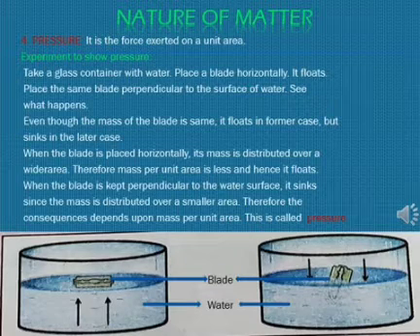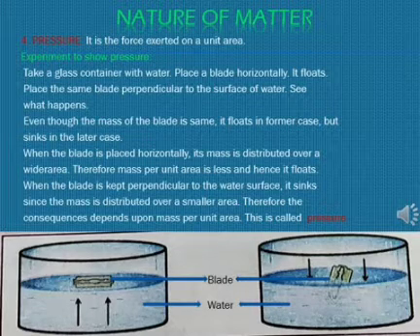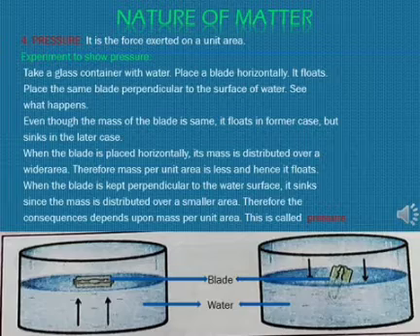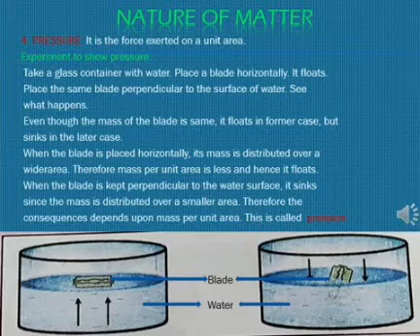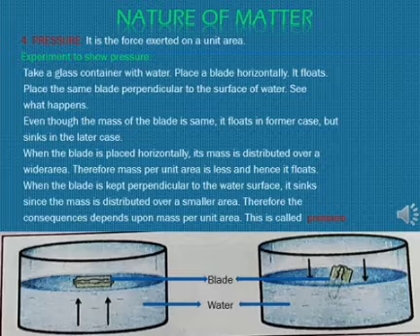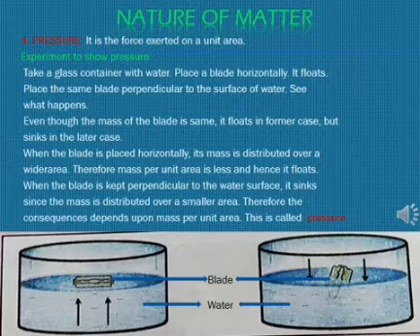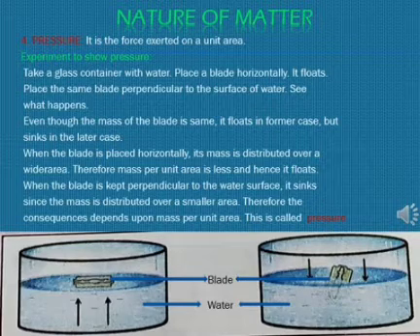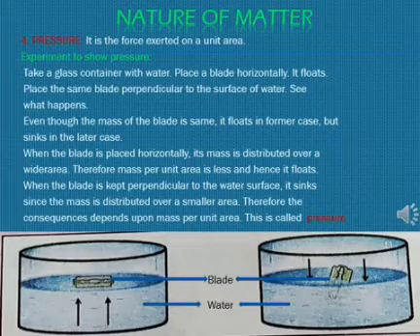But when the blade is kept perpendicular to the water surface, it sinks since the mass or the weight is distributed over a very small area. Whereas in the first case, the weight is distributed over a big area. Therefore, the consequence depends upon the mass per unit area. And this is called pressure.